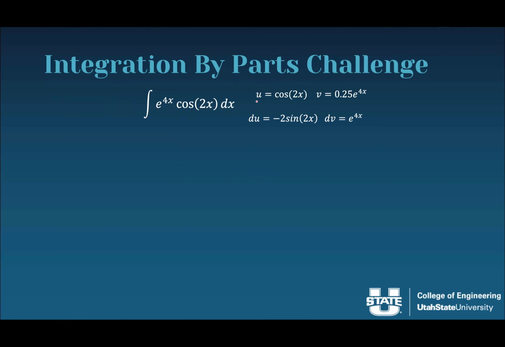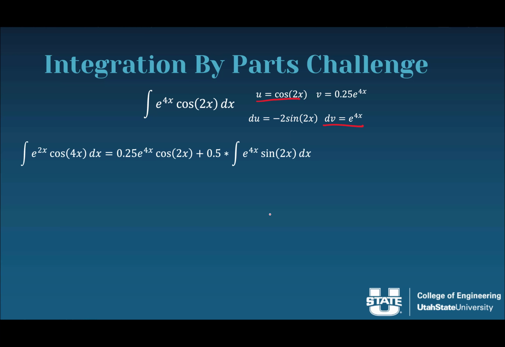So instead, we're going to set our u equal to cosine of 2x, which means our dv is equal to e to the 4x, which is just the other half of this equation. So then when we integrate it, we get 1/4 e to the 4x, right? And then our derivative of u is going to be -2 sine of 2x. Okay.